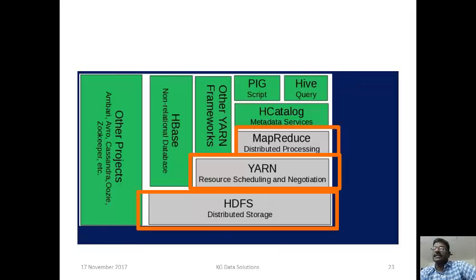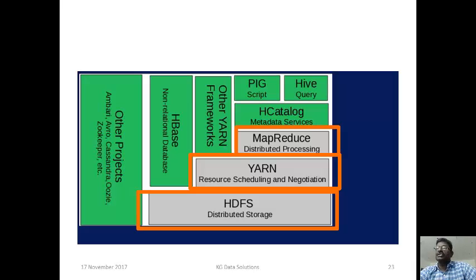If you see the slide, HDFS is storage, and YARN, as I was saying, will handle the resource allocation and negotiate for resources. Whenever processing is happening, there will be a queue of applications lining up for the resources. What is a resource? A resource is nothing but a CPU or RAM. For example, a job is running, and another job needs to run, so it will wait, because currently the CPU is busy.